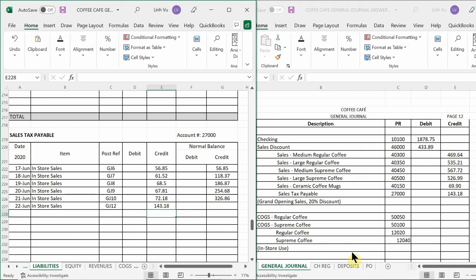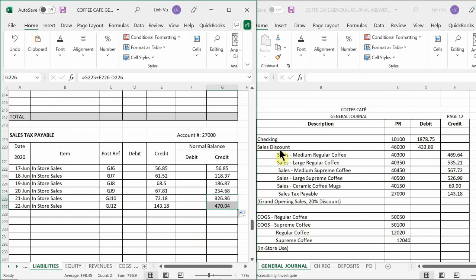For $143.18. So what is your grand total that you've collected for sales tax? $47,004.